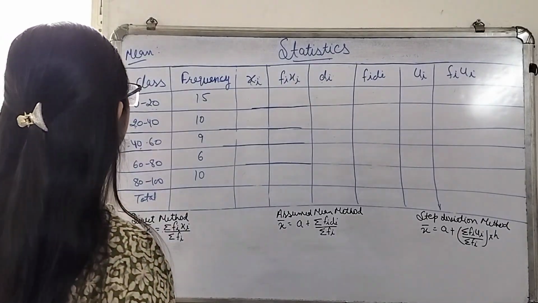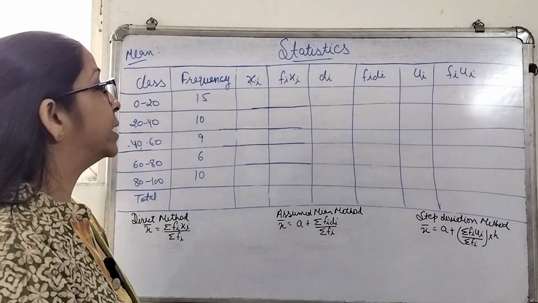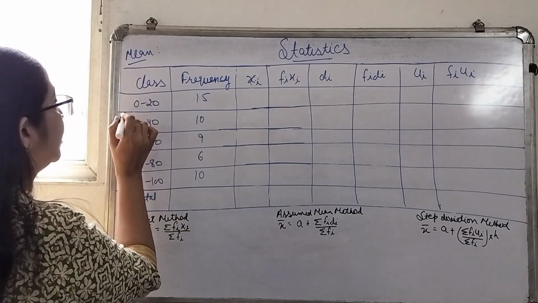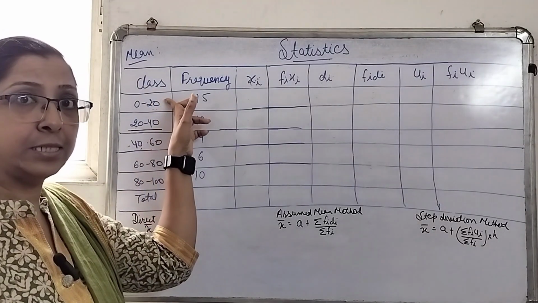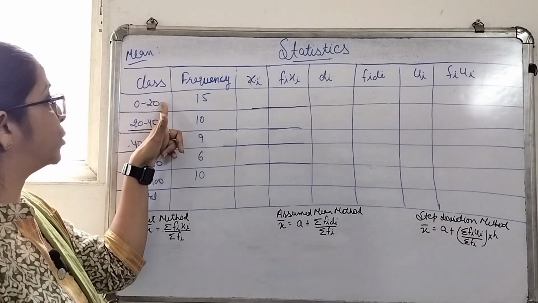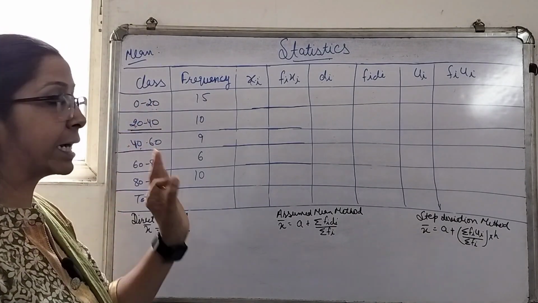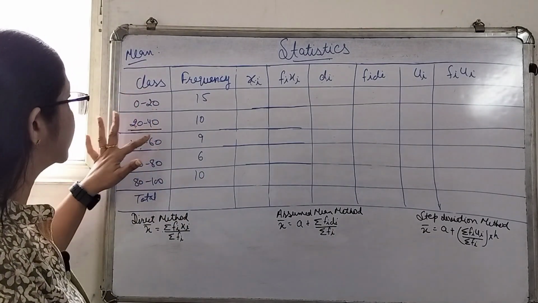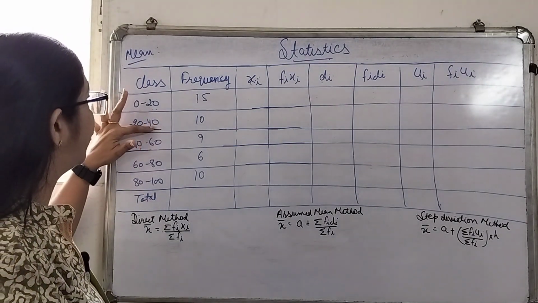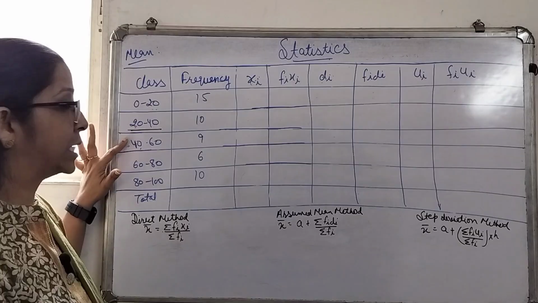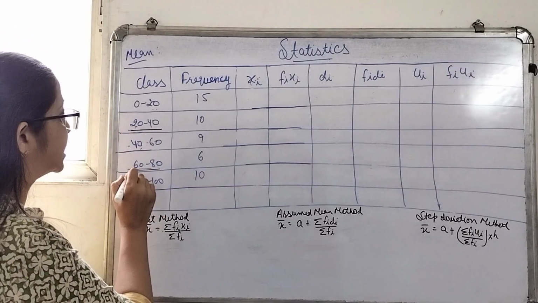Now see, if there is a student who has secured 20, in that case that student will be part of this class interval, the 20 to 40 one. He or she won't be part of the previous class interval, although 20 is coming here also and 20 is coming here also. The student who has secured exactly 20 will be part of this class interval. Similarly, a student who has secured exactly 40 will be part of this class interval, and exactly 60 will be part of this class interval.